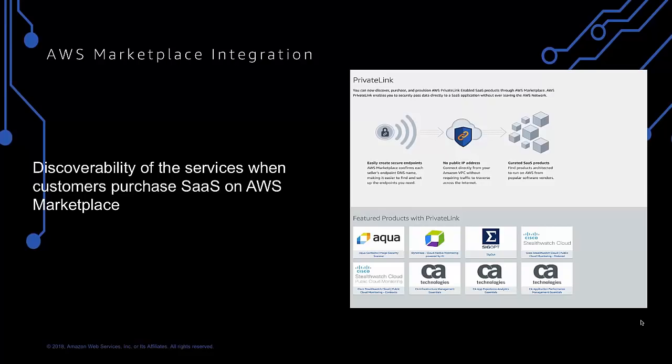And that can all just work natively. That's the third bullet point that I showed earlier when you create your endpoint service. We're working with the folks on Marketplace to get more people involved, like Aqua, StealthWatch Cloud, SIGOP, CA, Dynatrace. Any of those services today, if you get them off Marketplace, you can use their VPC endpoints natively.